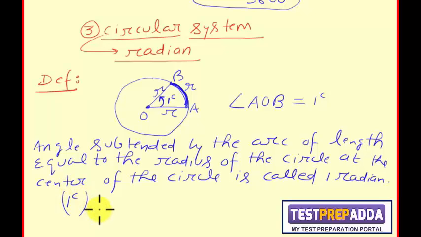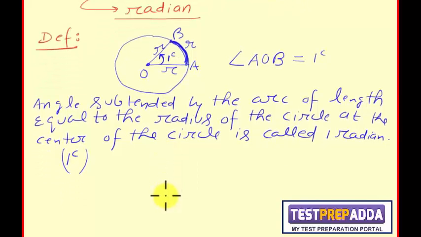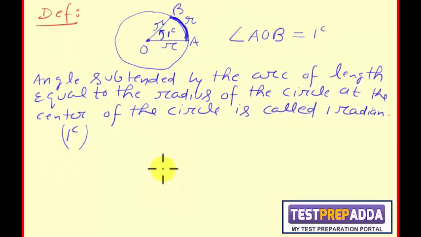So, if this is 1 radian, now if I take a circle of radius r, consider this as A, this as C, now this is the arc, which is not of length r.